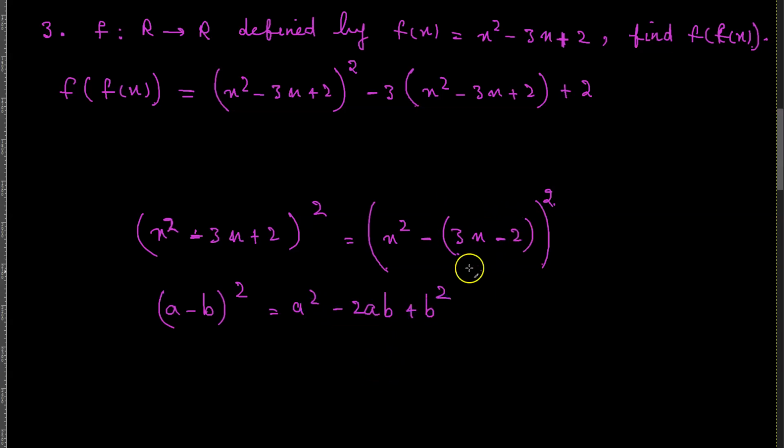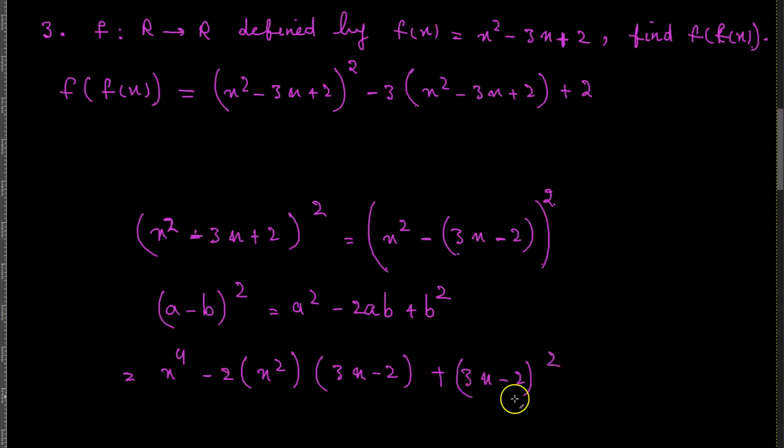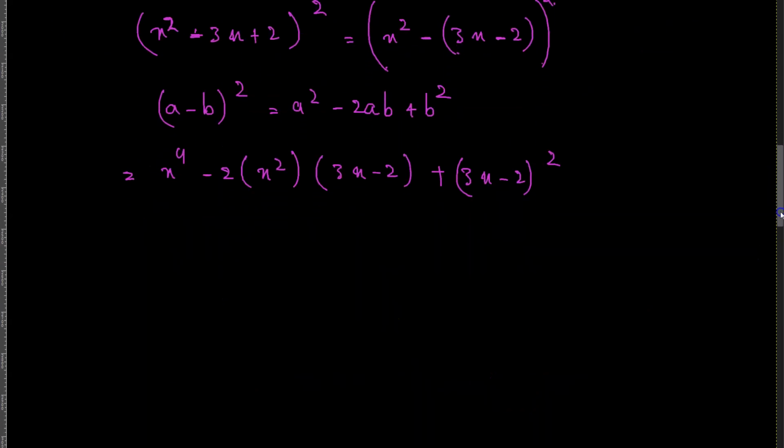So if I write a squared as x squared raised to the second power, that would be x raised to the power 4, and negative 2 times a times b, so negative 2 times x squared times (3x minus 2), plus b squared, which is (3x minus 2) whole squared. Again you will have to apply the same formula here one more time.